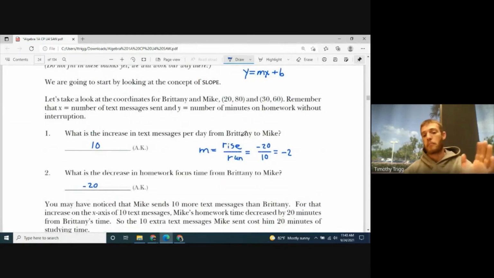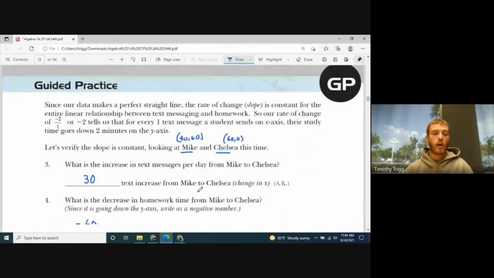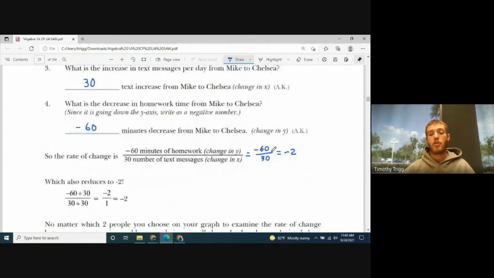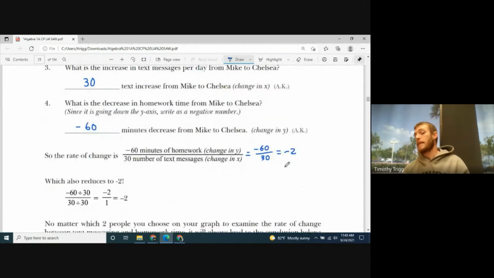Whether you're going from Brittany to Mike or Mike to Chelsea, you get the same slope. That's key: for every line, you should have the same slope throughout the entire line. If it doesn't maintain that same slope, then it's not a line.